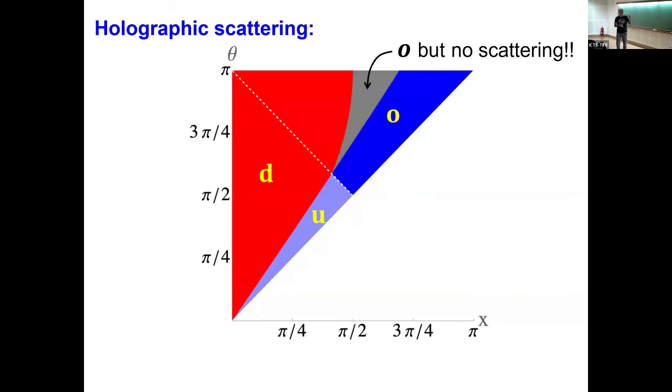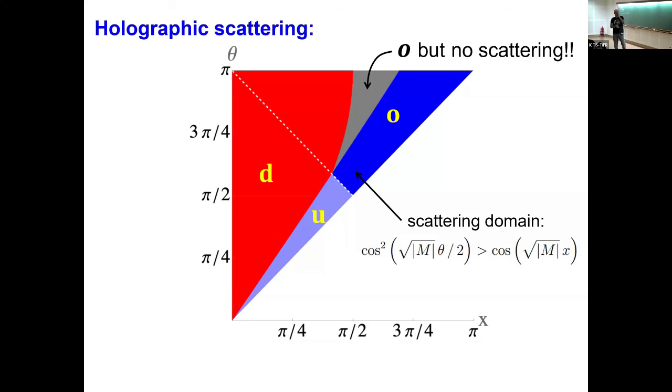And one can go through calculation and one finds a picture like this, so that in this region up here, even though I've got a connected entanglement wedge, there is no scattering. There's only scattering in the remaining blue regions here.